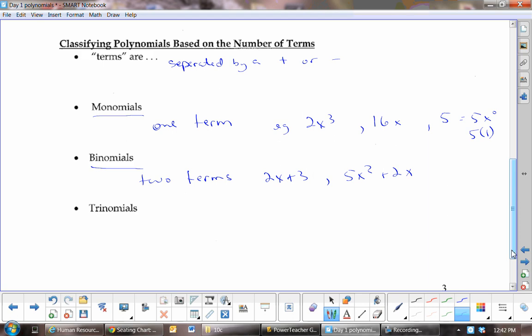If it's separated by a plus or minus, and there's two of them, it's called a binomial. A trinomial is three terms, so like 4x squared plus 5x plus 2. That is a trinomial.